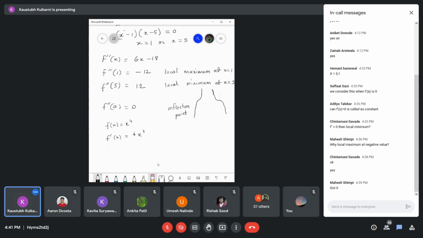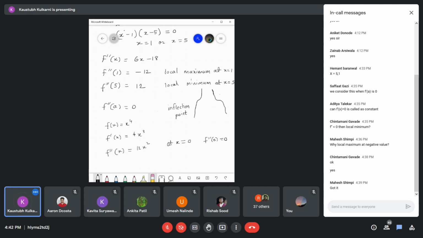And we have f double dash of x, which is 12x square. So at x equal to 0, f double dash of 0 is 0.